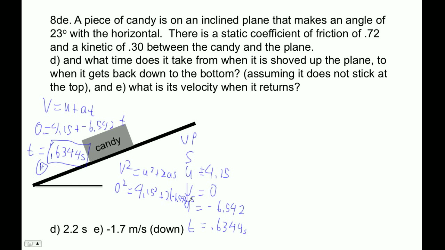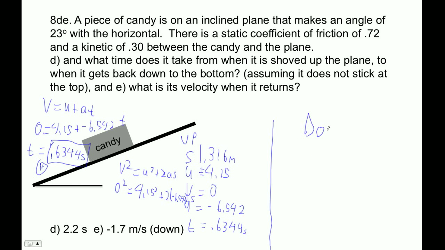Oh boy, that's a mess. So let's do that: 4.15 squared divided by 2 divided by that guy. I get 1.316 meters. So there's part of it.